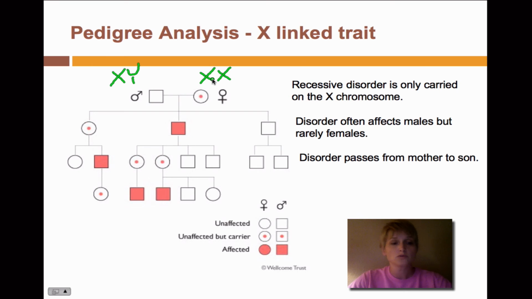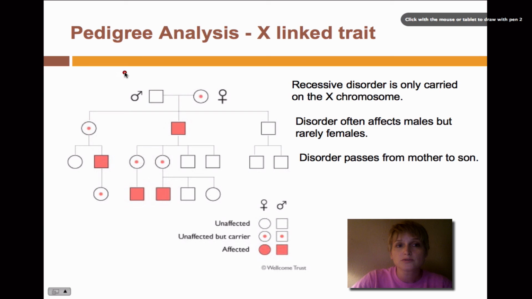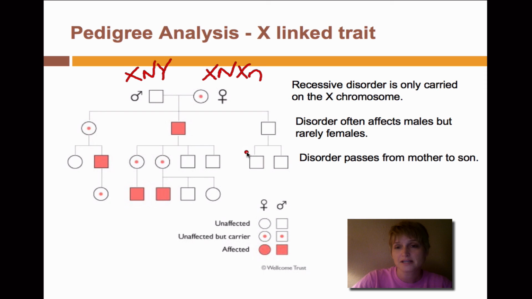Okay, so the way that we're going to indicate this is we're going to use X capital N for normal, and then this male has a Y there that doesn't have an N at all because it's not carried on the Y chromosome. And this female here is not affected, so she's going to have X capital N and X lowercase n. Now, it's an X-linked trait, but it's recessive.